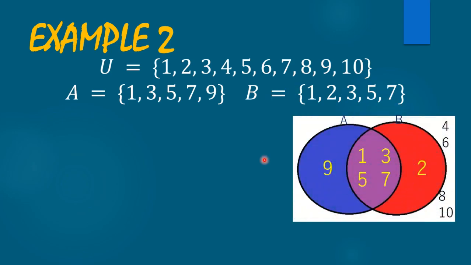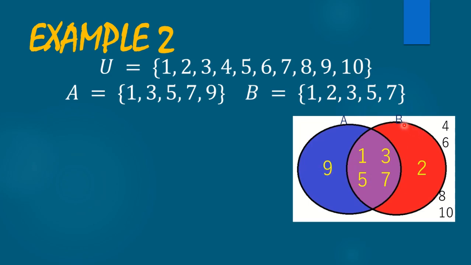So if we're going to illustrate our given example using the Venn diagram, again, our event A is the event that the number is an odd number, such as 1, 3, 5, 7, 9.